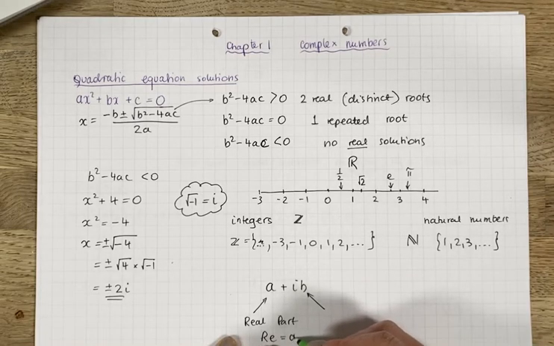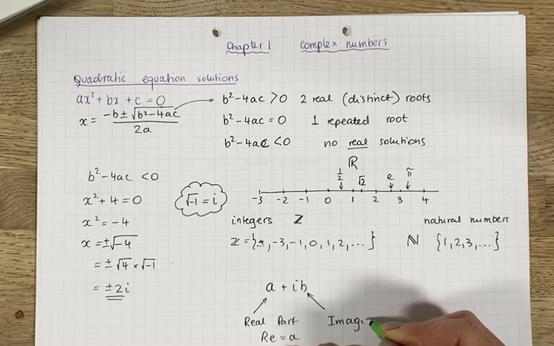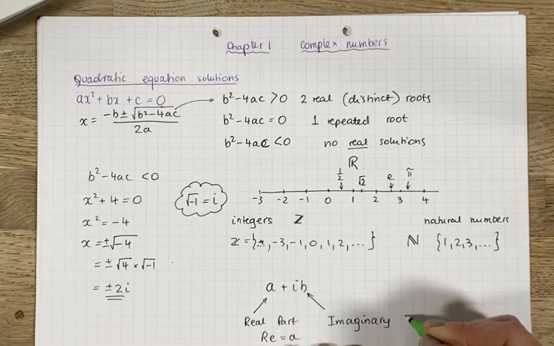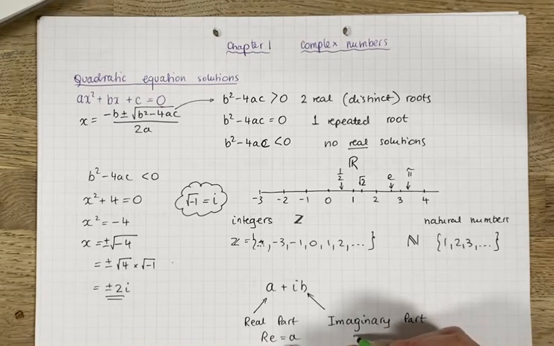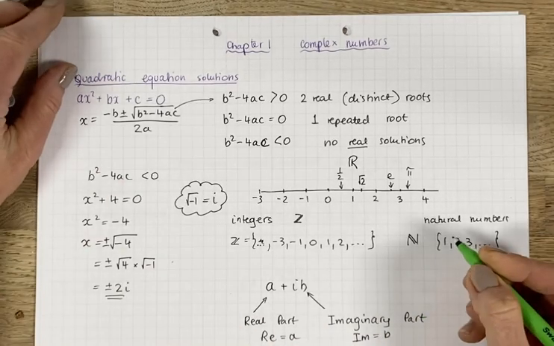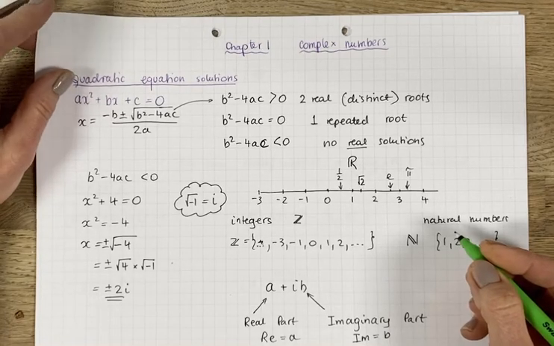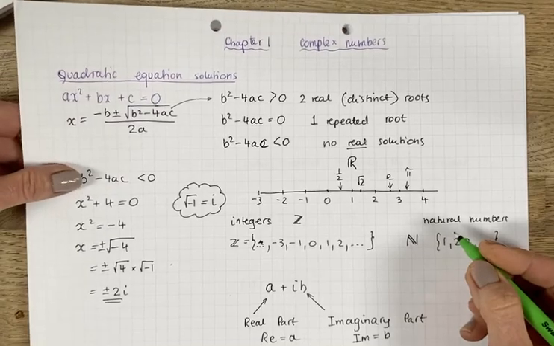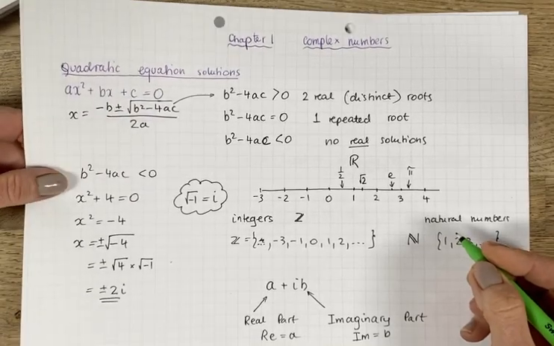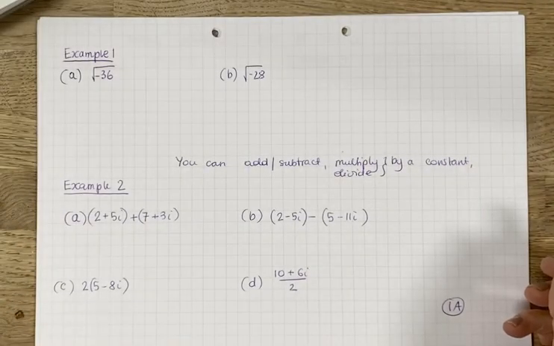So a is the real part and the imaginary part, equal Im of that complex number, is b. It's the coefficient of i. Now, to begin with, we're going to just see how we can add, subtract, simplify some expressions involving square roots of negative numbers, and multiply or divide by a constant.